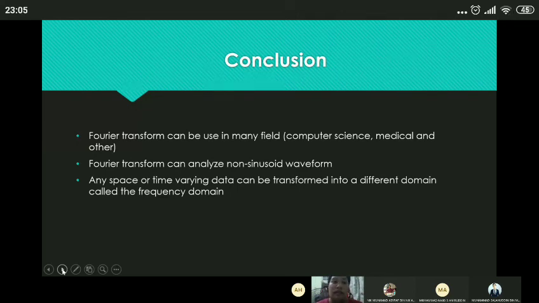Regardless of the physical meaning of the input and Fourier coordinates, viewing the input and output data each as an image makes the general application of the transform to any processing step clear. The physical meaning of the transform coordinates and distortion can be defined only when discussing a specific processing step. The Fourier transform can also analyze non-sinusoidal waveforms, and any space or time varying data can be transformed into a different domain called the frequency domain.